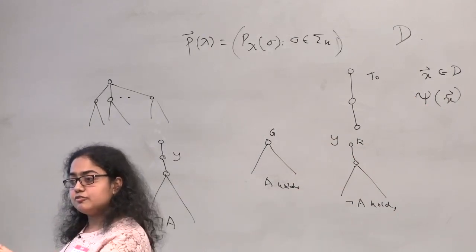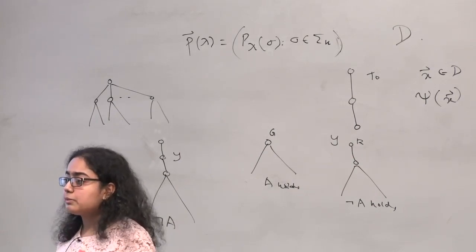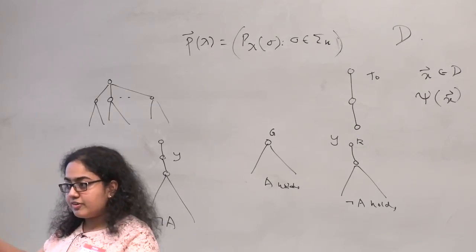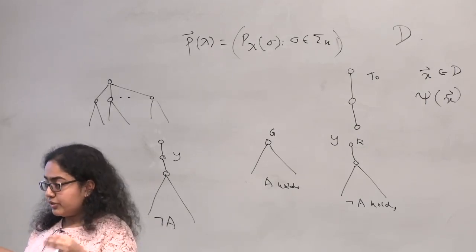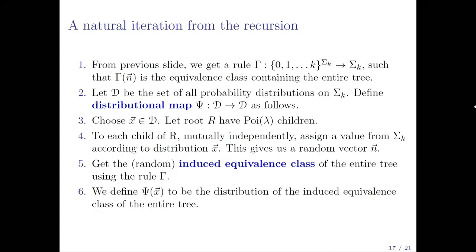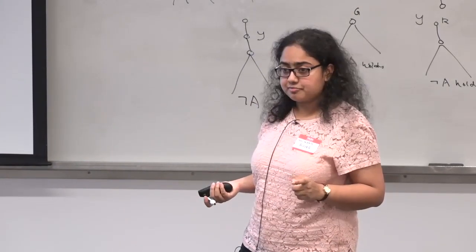Then to each child of R, I assign an equivalence class from capital sigma k according to the probability distribution x vector. Once you have a realization of this process, you can then determine what the induced equivalence class at the root is of the entire tree. This will be a random induced equivalence class, and this will have a distribution, and this distribution I call psi of x vector.